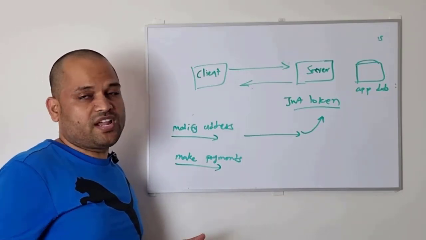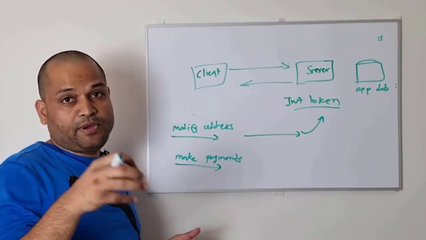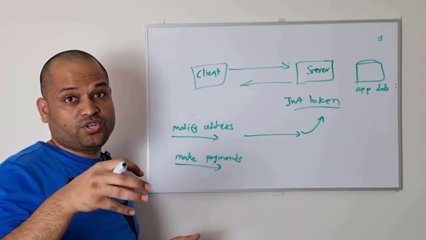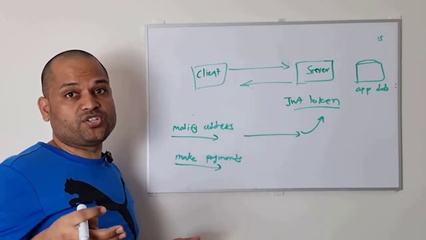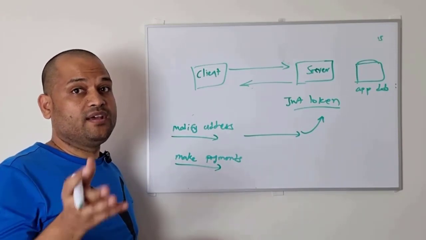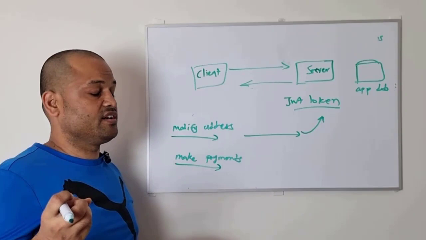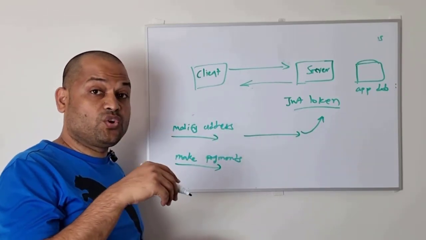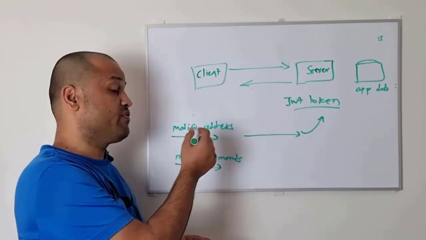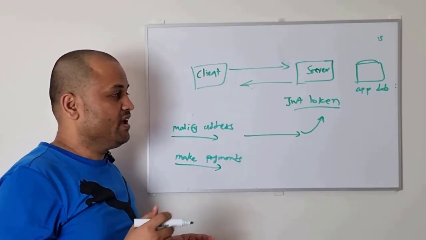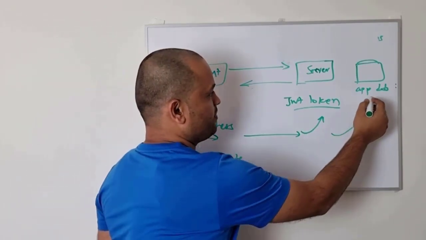And once it knows that the token is right, it grabs the payload in that token. The token payload actually contains the session data, like user information or any other information you had put in that token while creating it. You can decode that information, and from there it knows for which user this modify address request is coming, and then it goes to this app database and modifies the address.